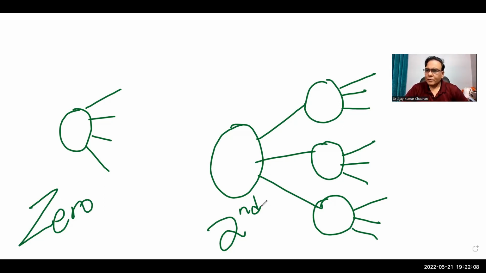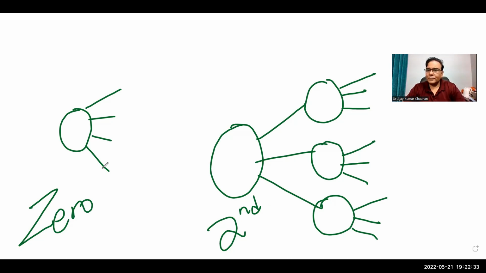In zero order, the construct is directly measured by the items, and the second order is always measured with the help of other constructs. So a second order construct consists of other constructs, and a zero order consists of only items. So this is the basic difference between zero order and second order.